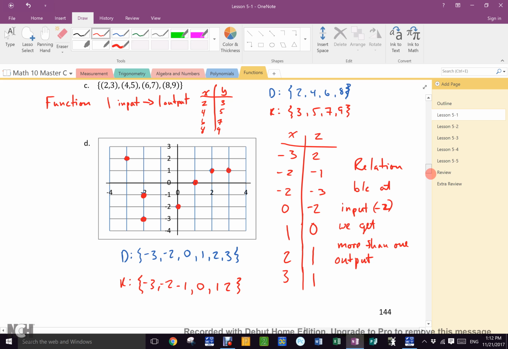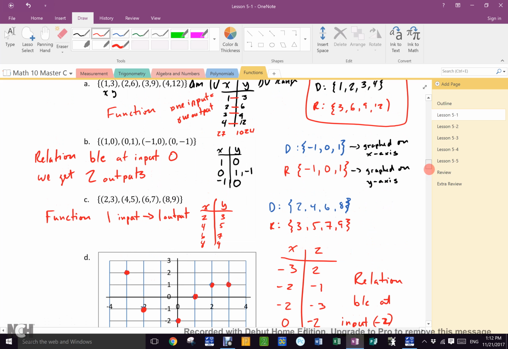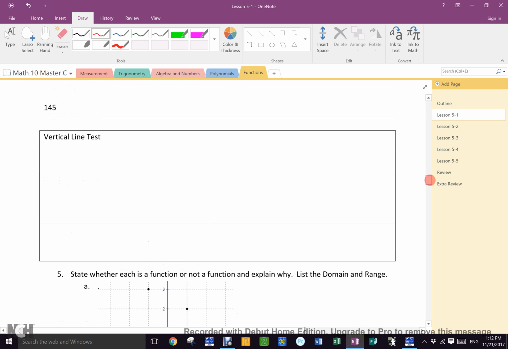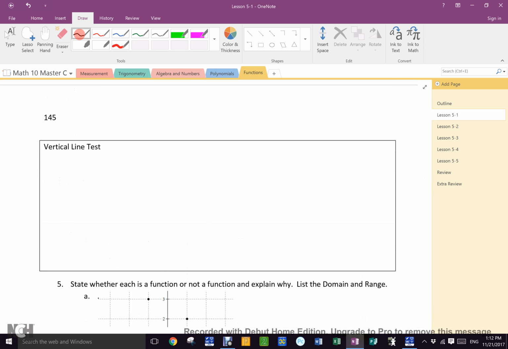So now, turn the page over, and something is going to slightly change. But there's a big blank spot first. Wow. That big blank spot is entitled the vertical line test. The vertical line test is very handy. It is something we can use on graphs.